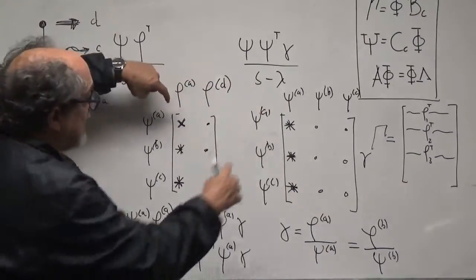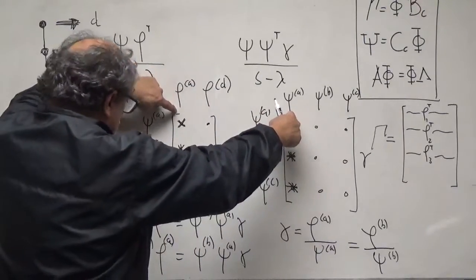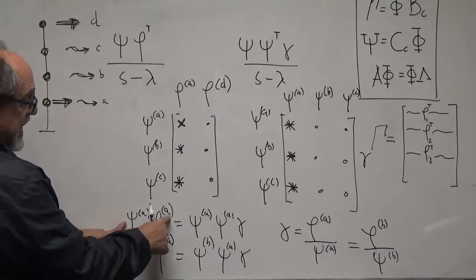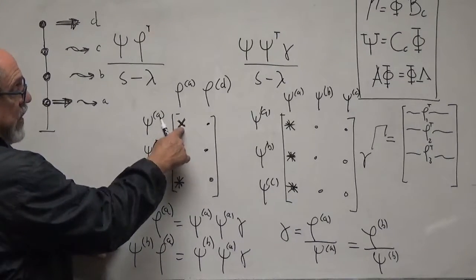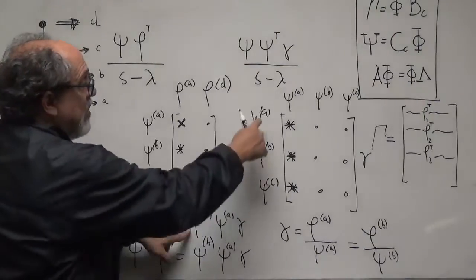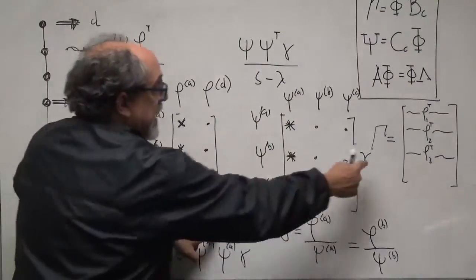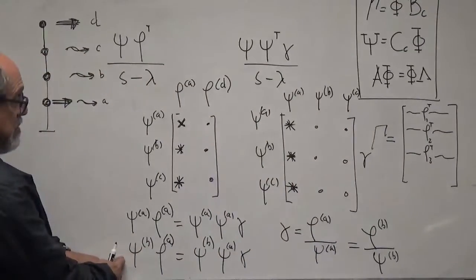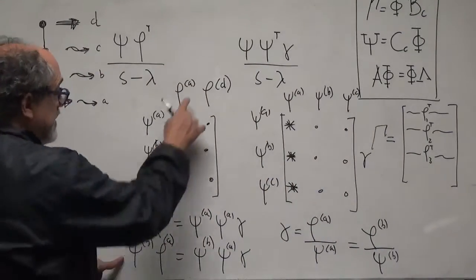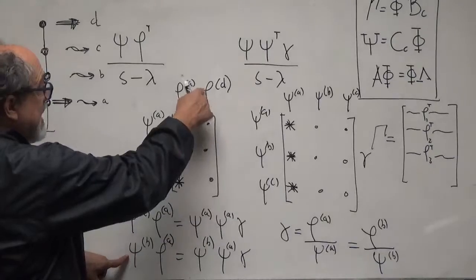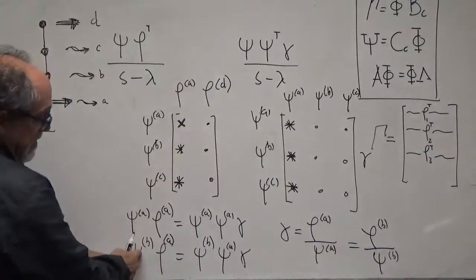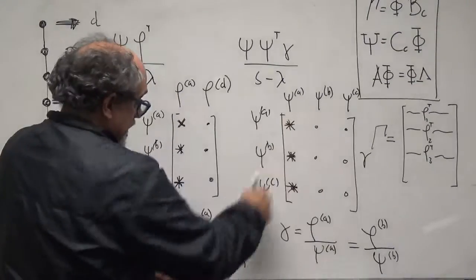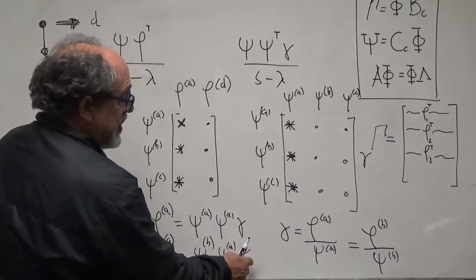Therefore, since these 2 numbers must be the same, we can write this equation that says phi A times CA, this term, must be the same as phi A times phi A again times the constant. Or if I choose this one, phi B times CA must equal phi B times phi A times the constant.